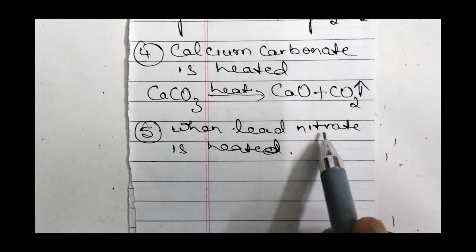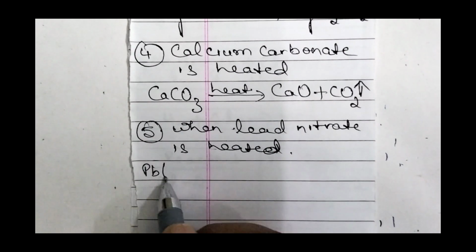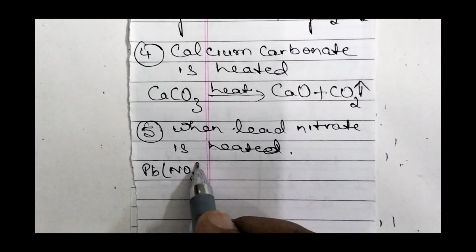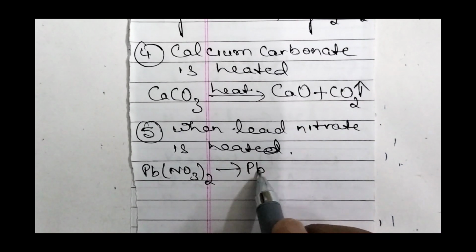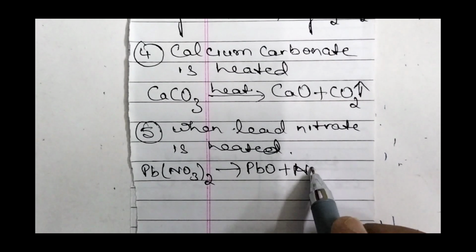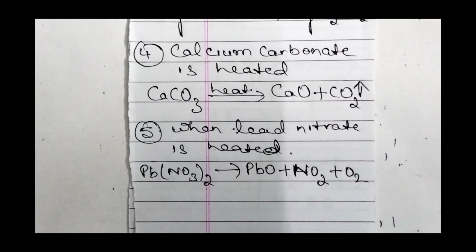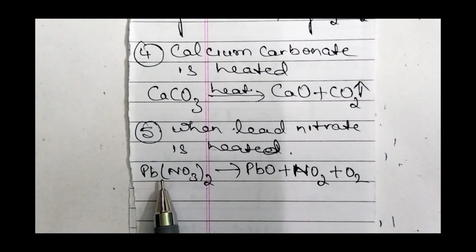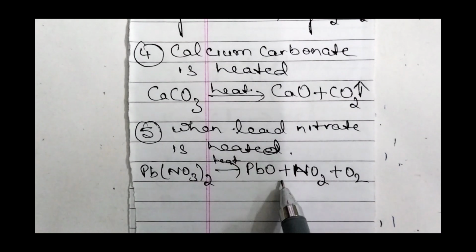Lead nitrate, Pb(NO3)2, when heated, forms lead oxide, nitrogen dioxide and liberates oxygen.